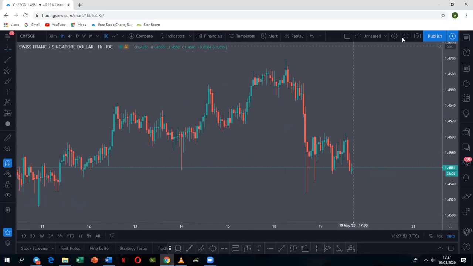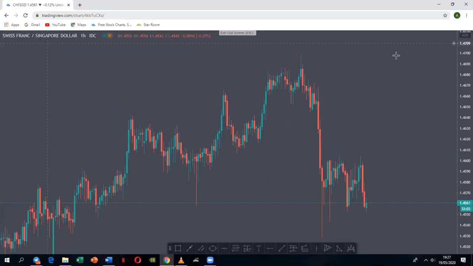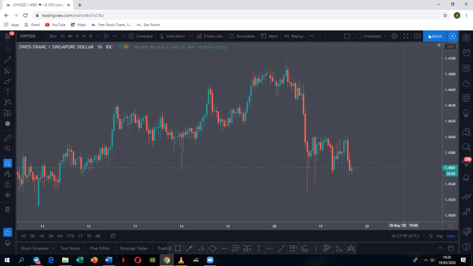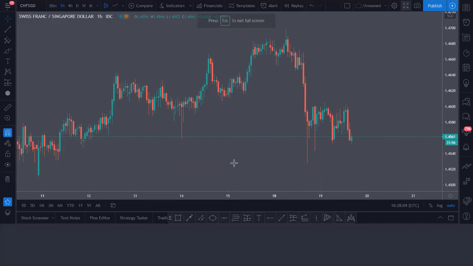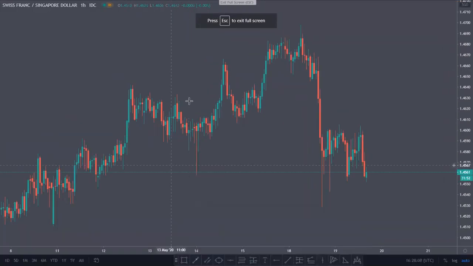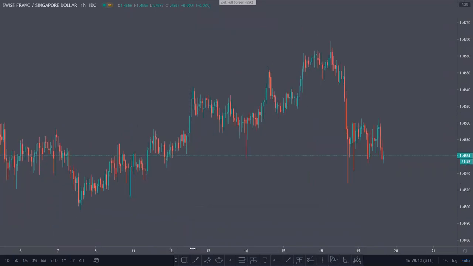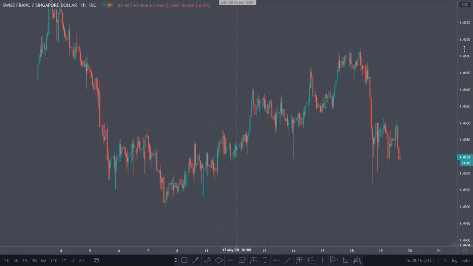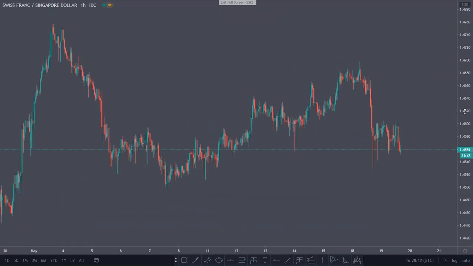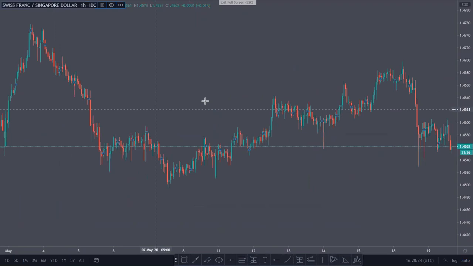Okay, so let me go full screen. The option to go full screen is on the right, just before the publish button. Okay, this option, full screen, because we want to be able to see everything. So let me zoom out. Okay, so here we are.